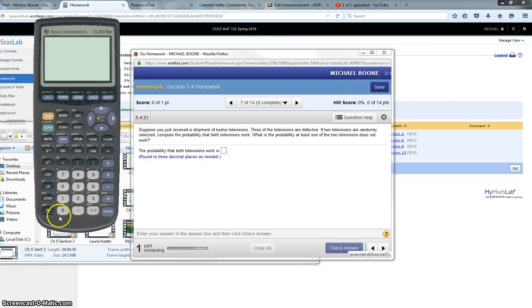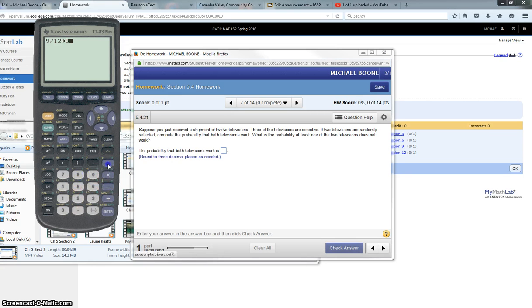Well, when doing this, if 3 are defective, the first time that I'm picking, it's 9 out of 12. Right, so that is the 9 out of the 12 work. Now, I need the next TV to work. So how many TVs work now?